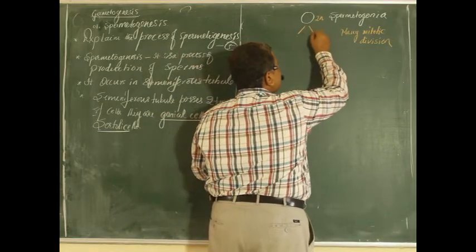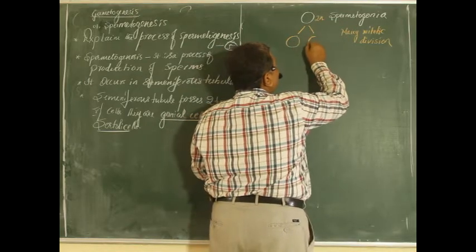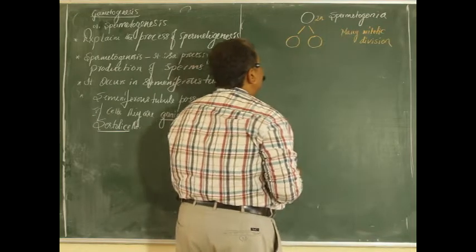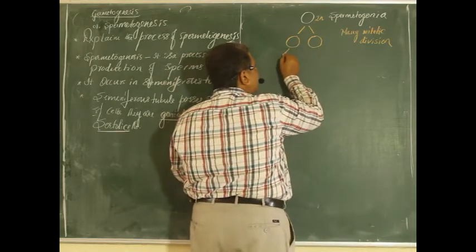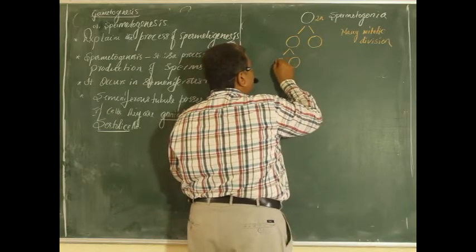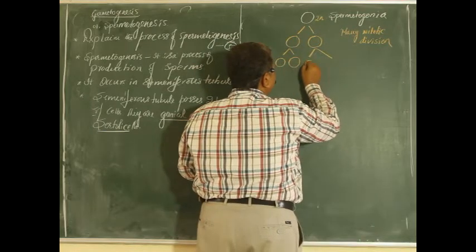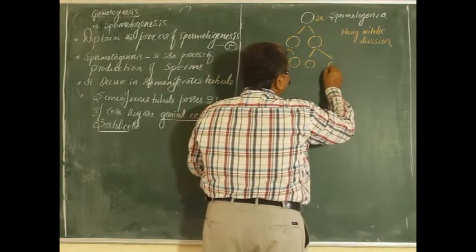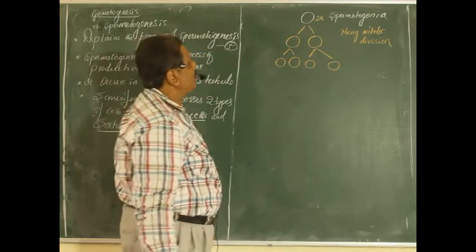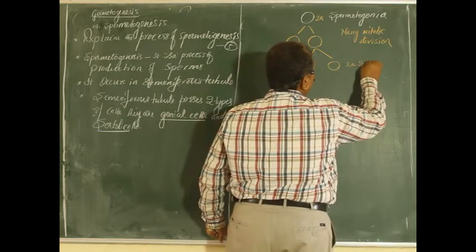It produces many spermatogonial cells once again, and they further undergo mitotic division to produce once again more number of diploid spermatogonia.